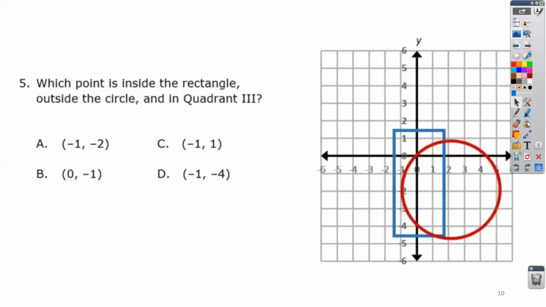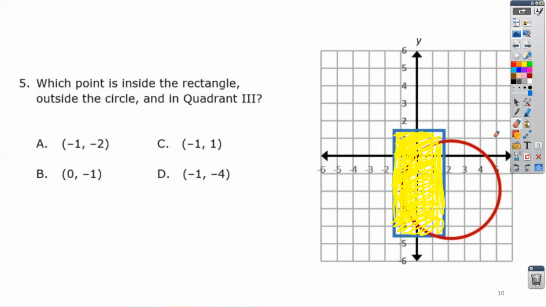And the last question, it says, which point is inside the rectangle, outside the circle, and in quadrant 3? So this is where it gets really tricky. So it says, which point is inside this rectangle, let's shade in that rectangle, but then it said outside of the circle. So right here it said outside of the circle.